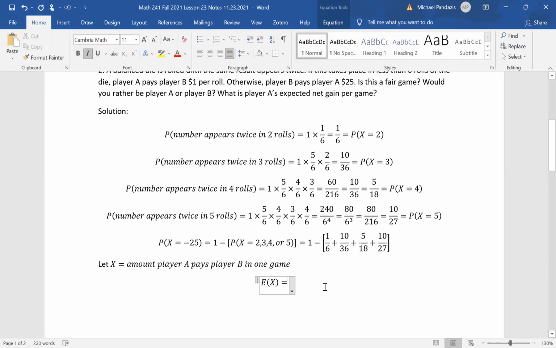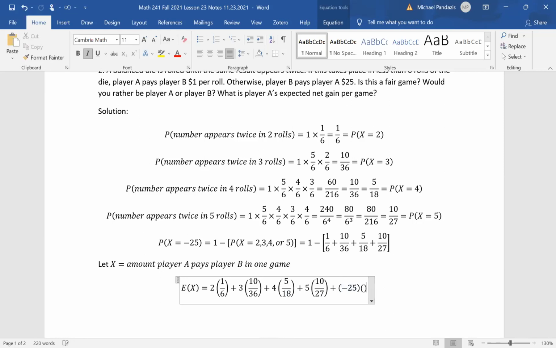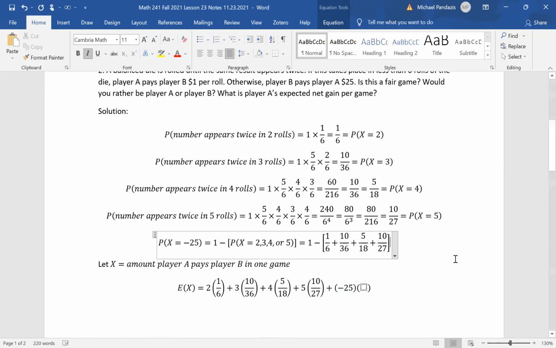So the expected value of X is taking each value of X and multiplying it by its probability: 2 times 1/6, plus 3 times 10 divided by 36, plus 4 times 5/18, plus 5 times 10 divided by 27, plus, and then X could be -25, times that probability there.